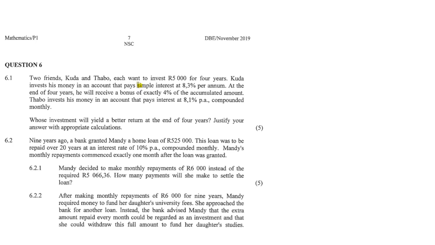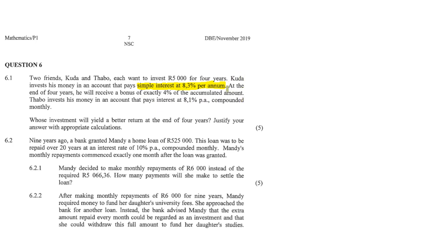Kuda's account is paying him simple interest at 8.3% per annum, so he only gets his interest once per year. At the end of 4 years, he will receive a bonus of exactly 4% of the accumulated amount.